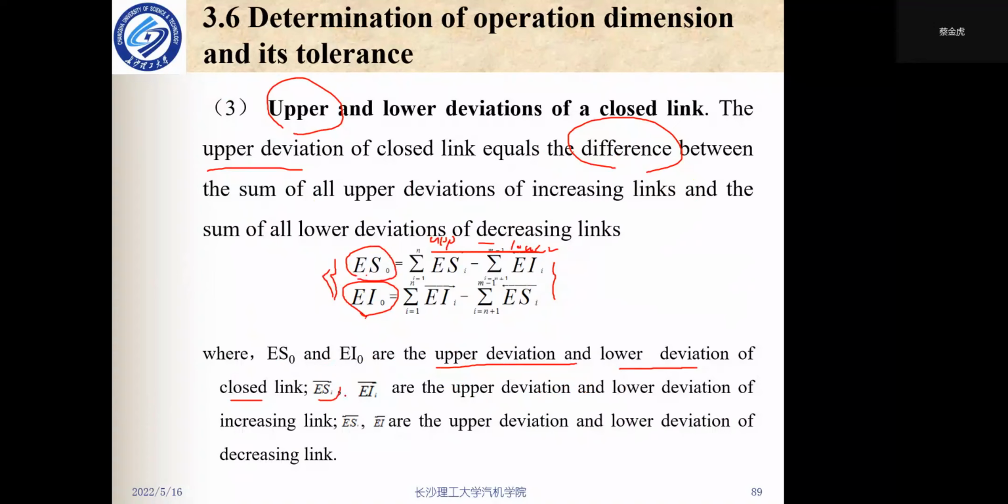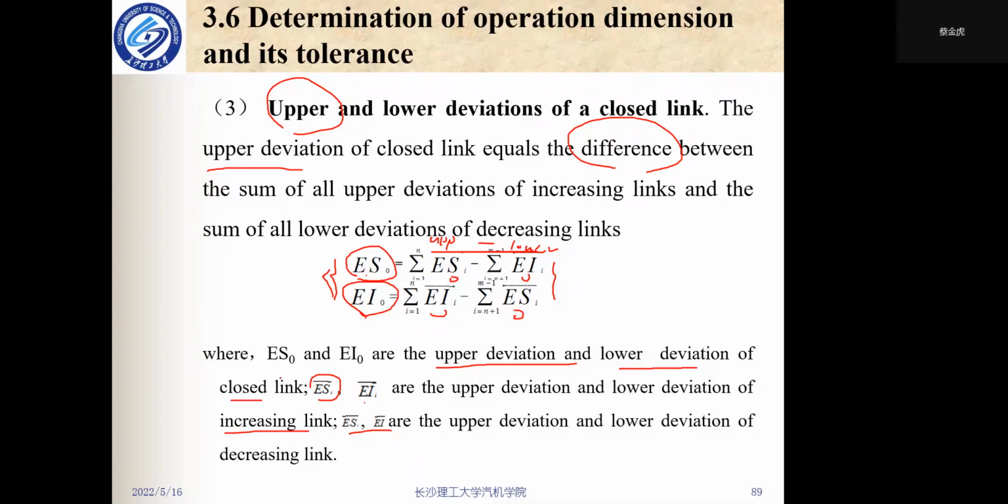And these are the upper deviation and lower deviation of increasing link. And these two are the upper deviation and the lower deviation of decreasing link. So this is the deviation range of the upper and lower deviation of closed link.